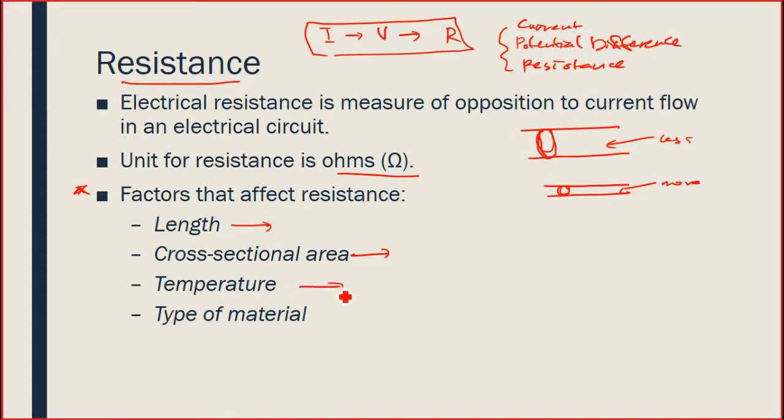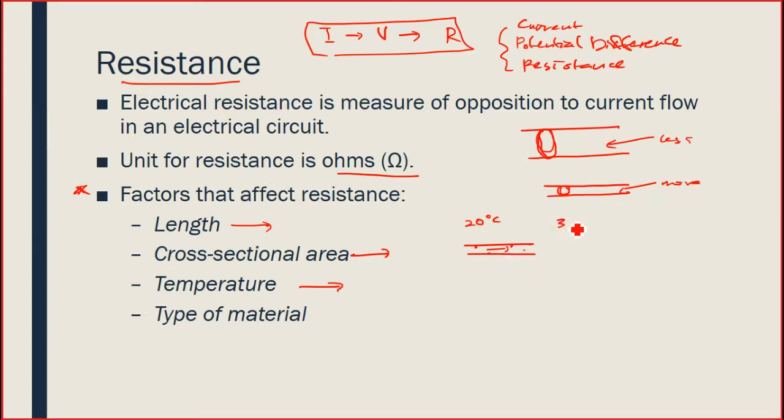And then temperature can also cause issues for resistance, because a wire with high temperature is going to have more energy. You can imagine the electrons inside the wire at 20 degrees Celsius. This is going to be at room temperature, so the motion will be quite standard.